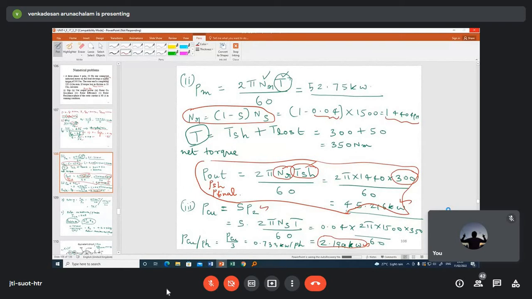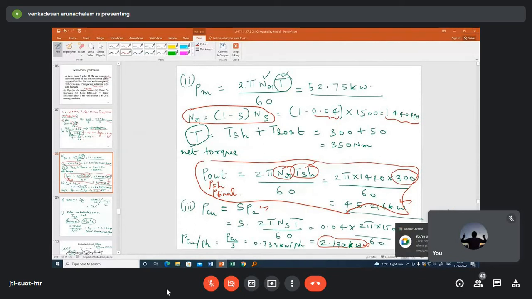So the rotor efficiency is nothing but Pm by P2. P2 we already know, that is 2 pi Ns T by 60. But Pm we do not know.